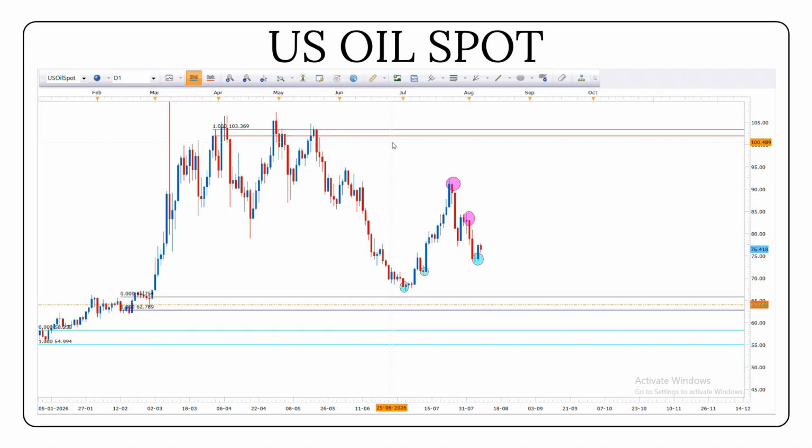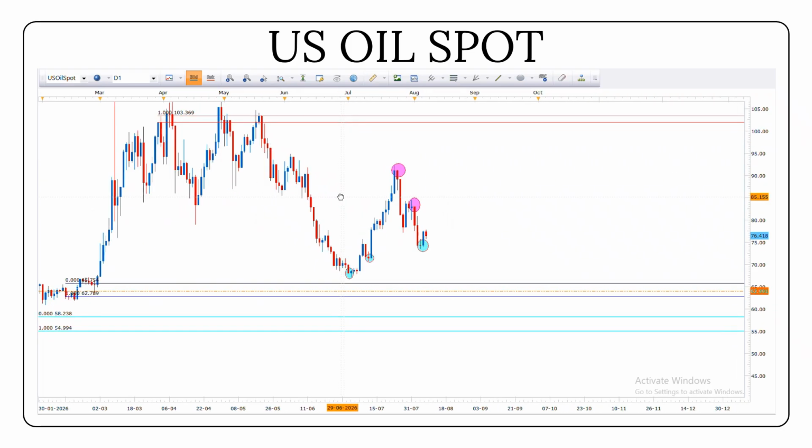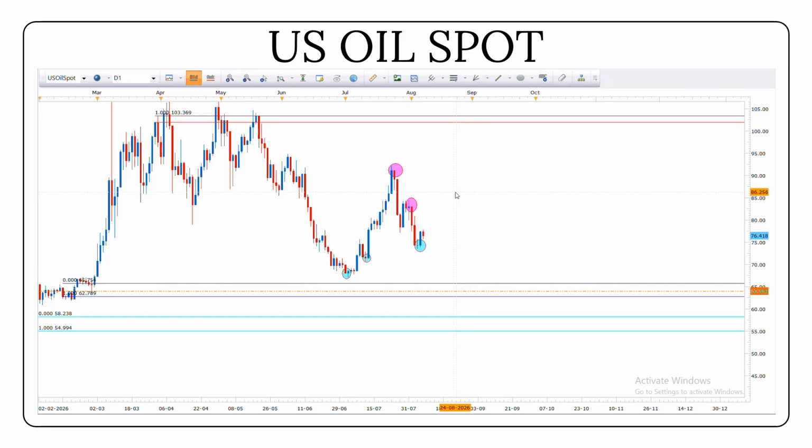The chart on our screen is that of US oil spot, and we're looking at the daily chart. US oil spot has got a very important role in today's market because the price of oil is controlling the price of every commodity being bought or sold in the global market.